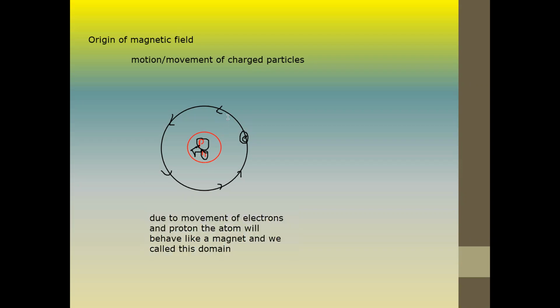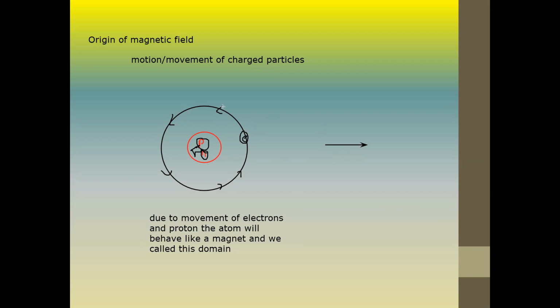So domain is a term which is used for an atom which is behaving like a magnet. Because of the movement of the charged particles, there are protons, there are electrons. As these particles are moving, they will produce a magnetic field, and due to this the whole atom will behave like a magnet. And how do we represent this atom? We represent it by an arrow. So an atom which is behaving like a magnet is represented by an arrow.